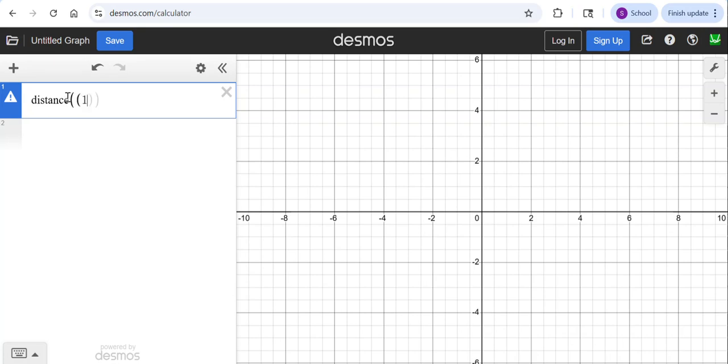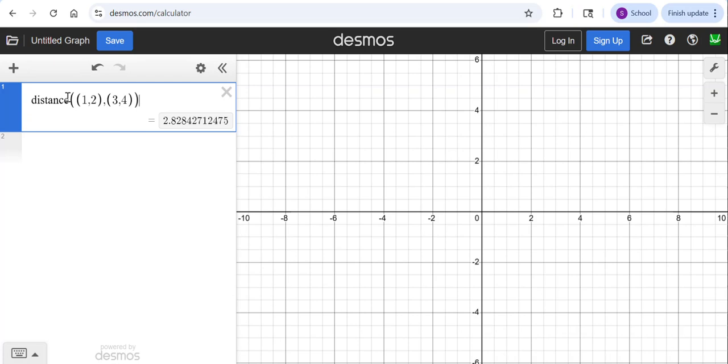So (1, 2) is one of my coordinates, close the parentheses, and then comma, I'm going to put the second coordinate point by opening the parentheses, 3, 4, closing the parentheses for that point and closing the overall parentheses. So if you look here, I want to find the distance between the 2 points (1, 2) and (3, 4), and it gave me the answer here, which is 2.828.